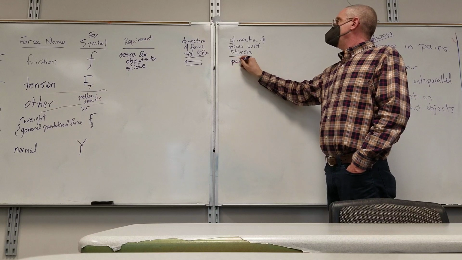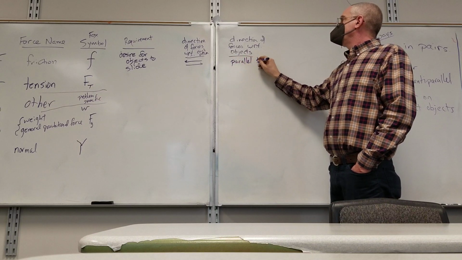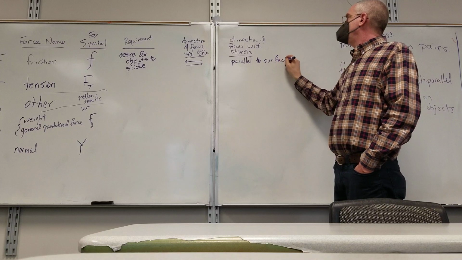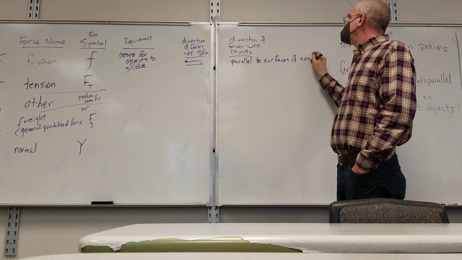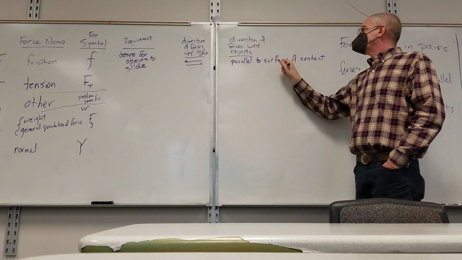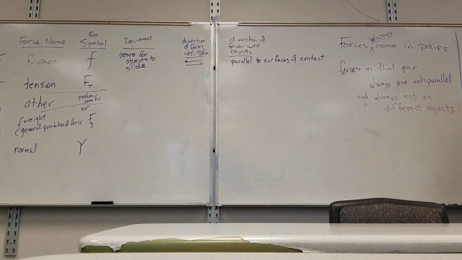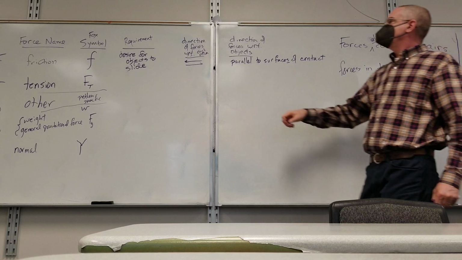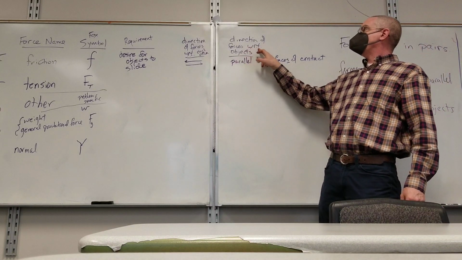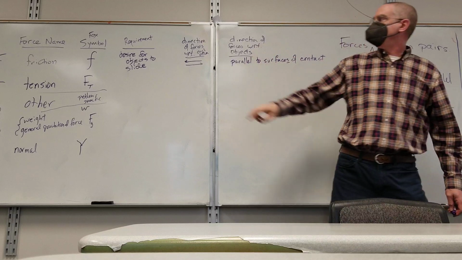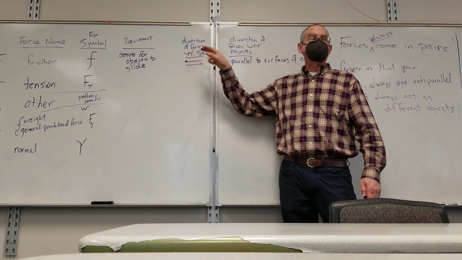The friction is always parallel to surfaces of contact. And it is surfaces of contact because, again, there are two objects rubbing against each other. Direction of force with respect to objects, WRT, and over here it's WRT each other, so with respect to each other.